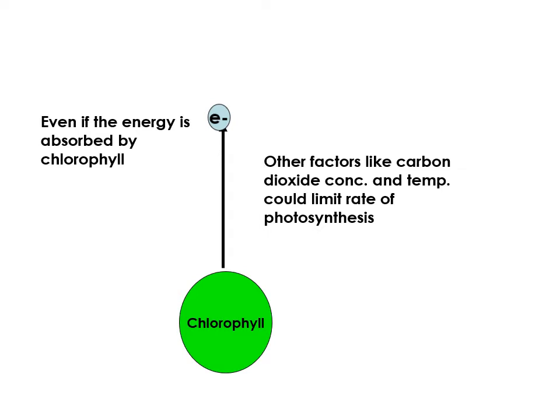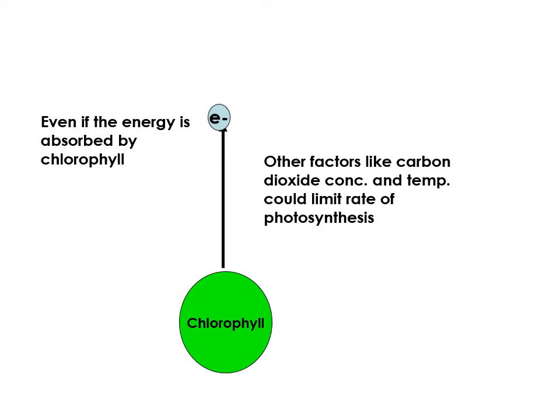So we will end up losing more of that energy to heat rather than to producing ATP if the light independent reactions are slow. So that would limit how much glucose you would produce.